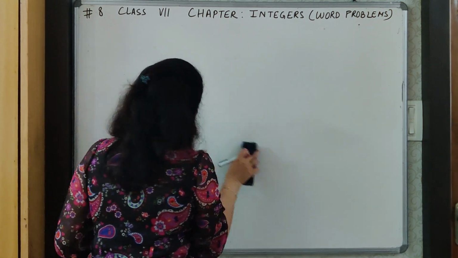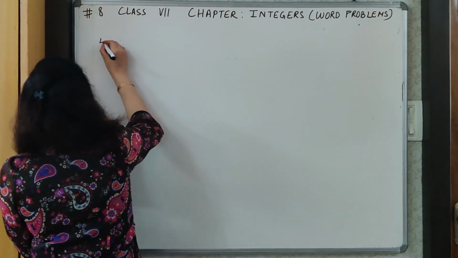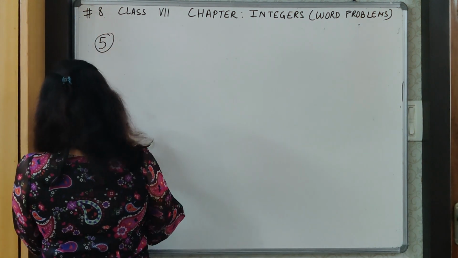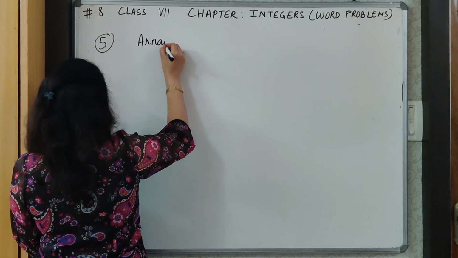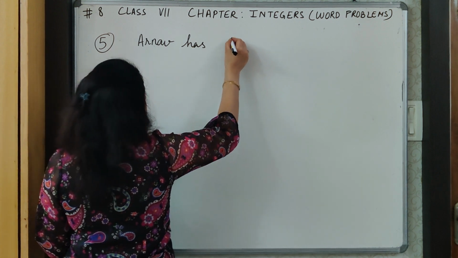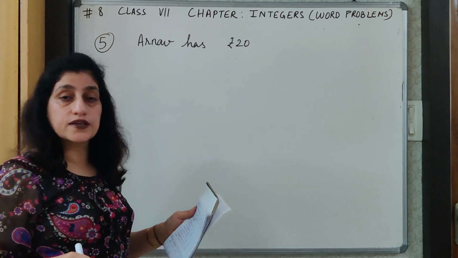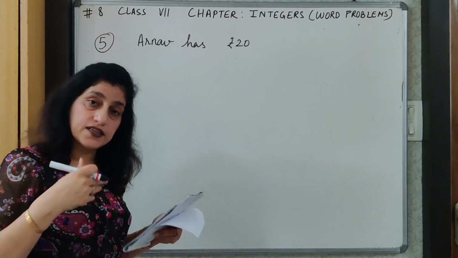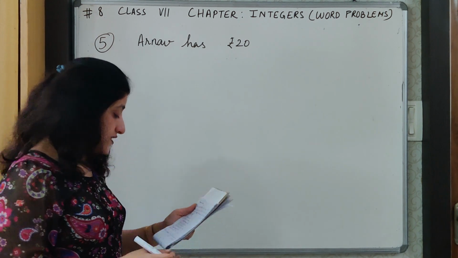So here is what this boy is doing. The next question is Arnav. This is the name of the boy in the question. Arnav has rupees 20 with him. Okay, he has 20 rupees with him, and then each day either he is spending or he is getting. So we will write about each day as given.